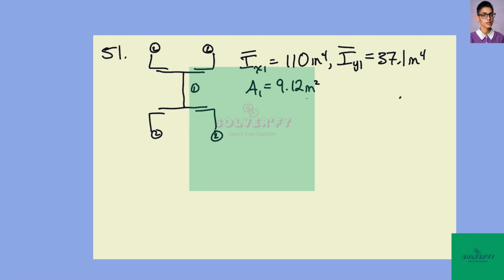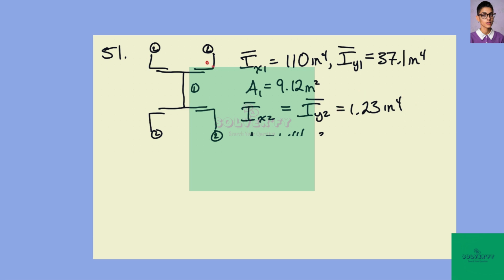110 inches to the fourth, and about the y-axis, it's 31.7 inches to the fourth, and it has an area of 9.12 inches squared. Now, these guys, because they have the same height and length, their area moments about their centroid in the x and y directions are the same, and they're 1.23 inches to the fourth.